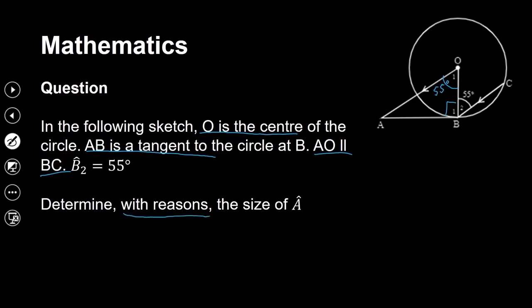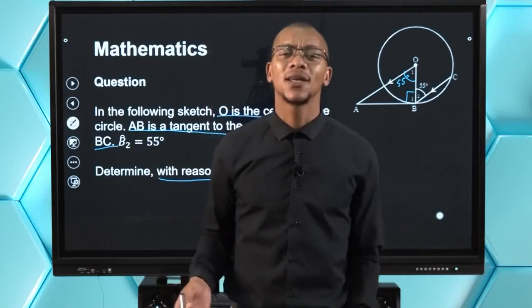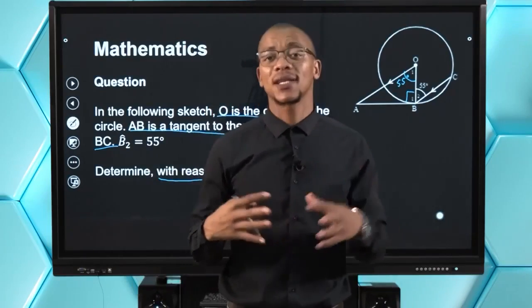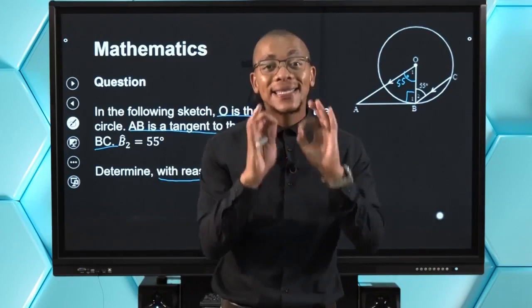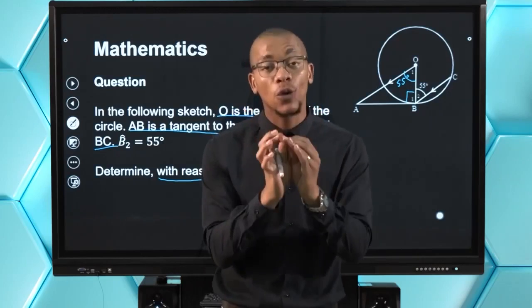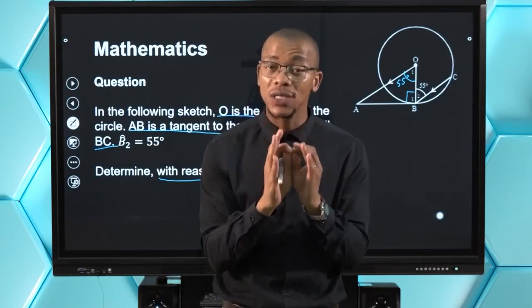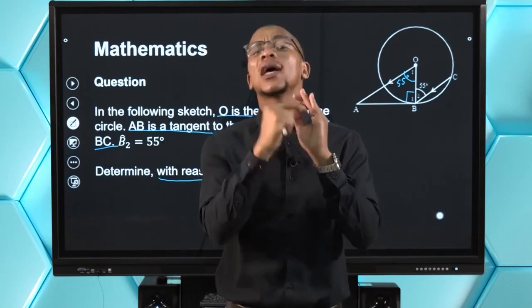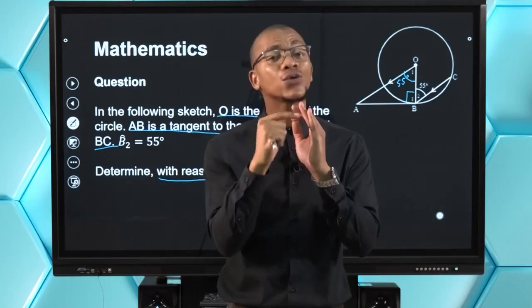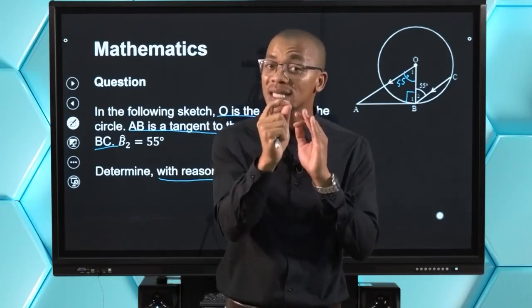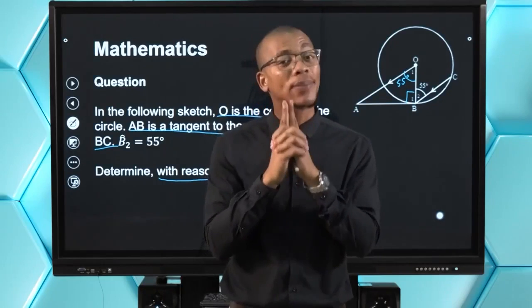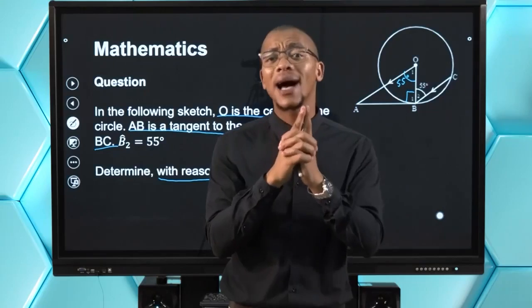Now, we normally think that our reasons are just to say, okay, because that's a line, but that's not the case. There are acceptable Euclidean geometry reasons that you need to use. With every theorem that we've done thus far, I've always given you a reason at the end, for you to know what reason to use when you talk about that particular theorem. So please go back to the other lessons.